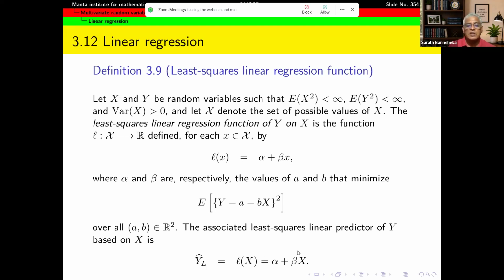That random variable is also denoted as Y hat L, because that is what we use as an estimator for Y as a function of X. So we use this as an estimator for Y for a given X. Therefore, it's called a linear predictor of Y.